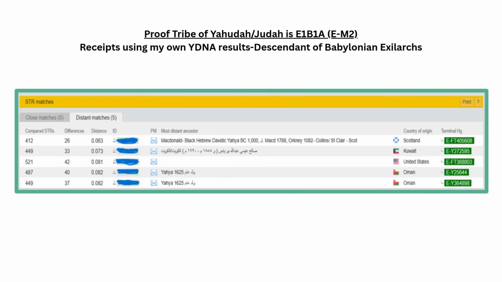And the Yahya line moved from the outskirts of Babylon to Iberia. I'll get into that a little bit more. And the name for the Kuwaiti match, it's in Arabic, so you can't see it, but I researched it. We know where Oman is.